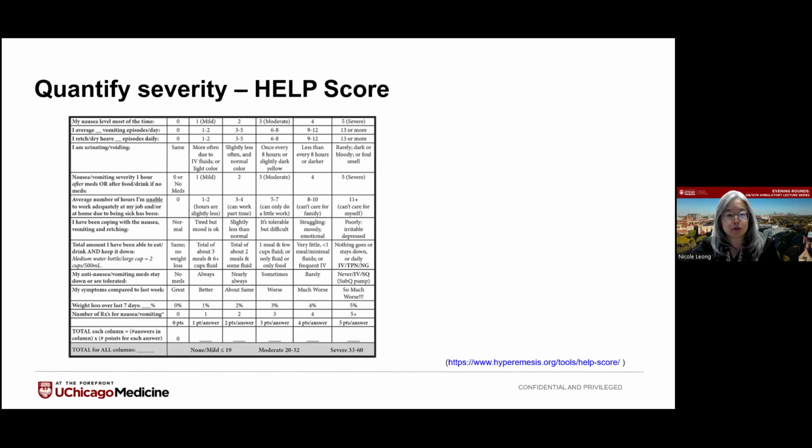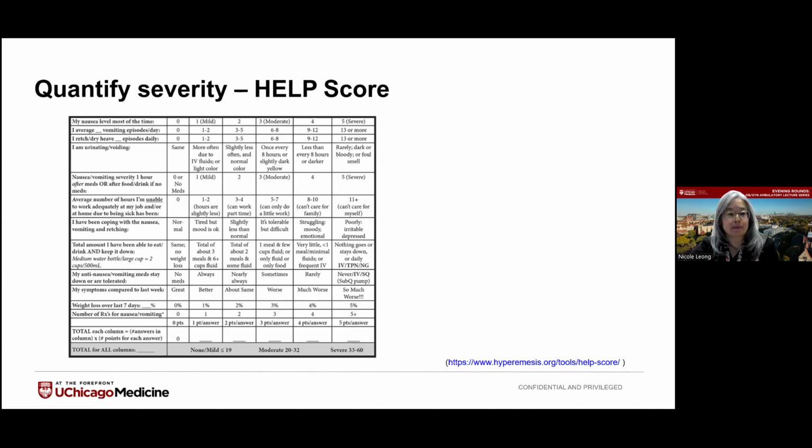I think the PUQE score is nice because it is simple, 3 questions. And then, if something is more moderate to severe and we're thinking we need medications prescribed, we can escalate to the physician or the midwife or our physician's assistants to help with that. This one is online at this website here that you can see too.